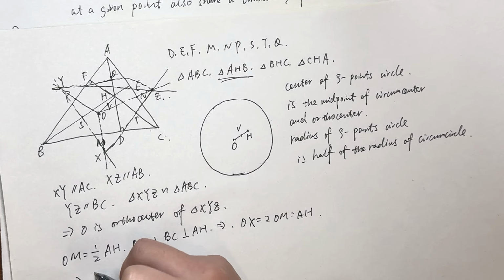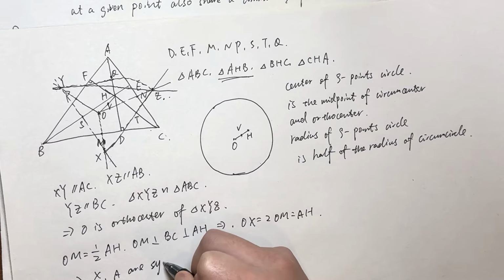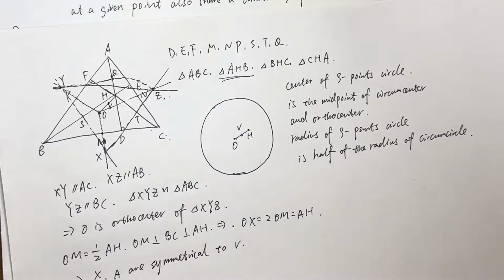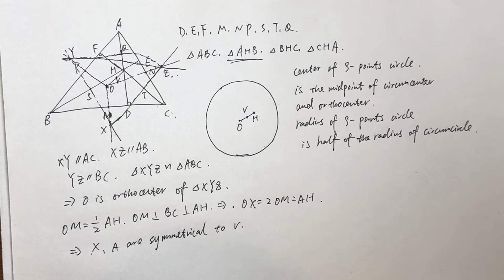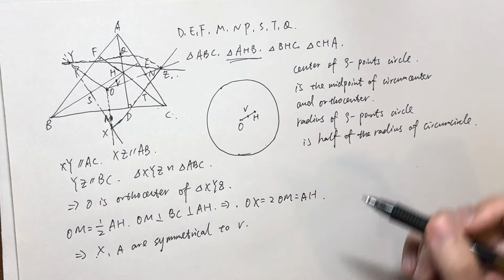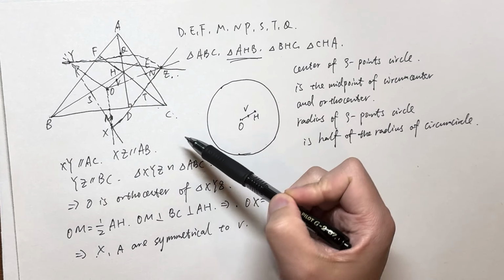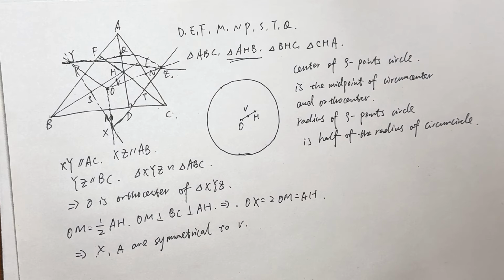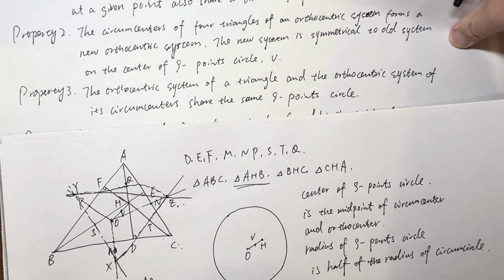That means X and A are symmetrical to V. Right, and based on this, we can prove that B and Z are symmetrical to V, C and Y are symmetrical to V. Okay, that's the second property.